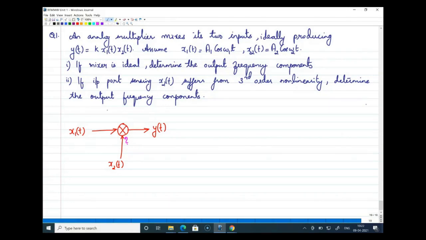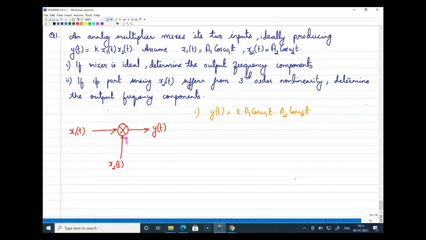Very good, Vinod. Yes, in the ideal case, you will have frequency components at omega 1 plus omega 2 and omega 1 minus omega 2. That is true. So let me answer that first. In the first case, y of t can be written as k into x1 of t into x2 of t. So k into a1 cos omega 1t into a2 cos omega 2t.